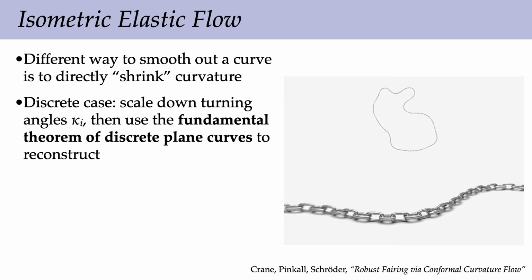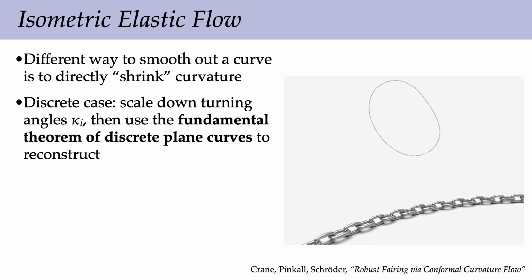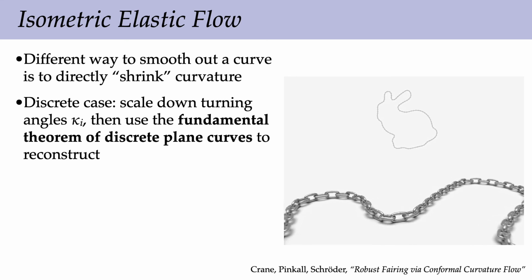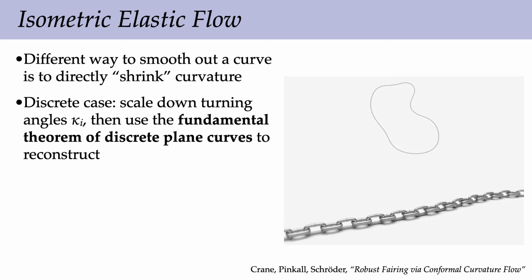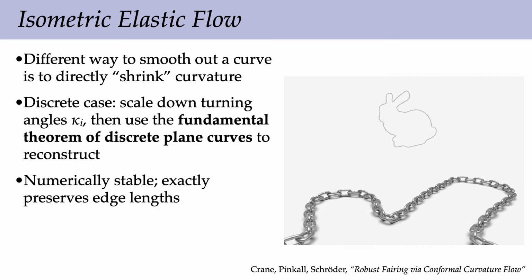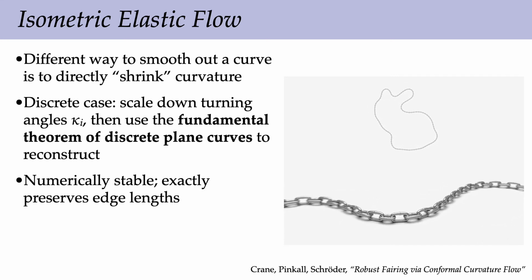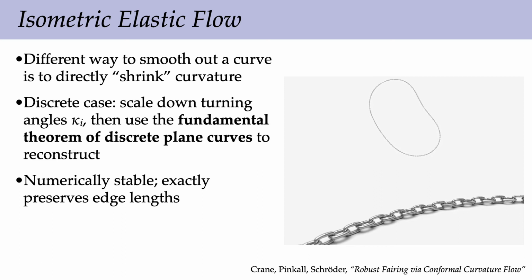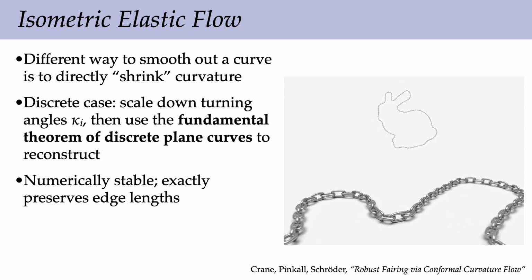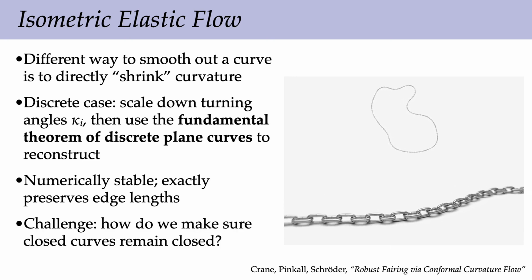So if I want to make the curvature smaller, why don't I just shrink the angles? Right? For any smaller angles, I can then go ahead and run my little algorithm to recover this smoothed out curve. Very, very simple. Gives you something that's very numerically stable and also exactly preserves the lengths of the edges. One challenge here is the question of integrability.